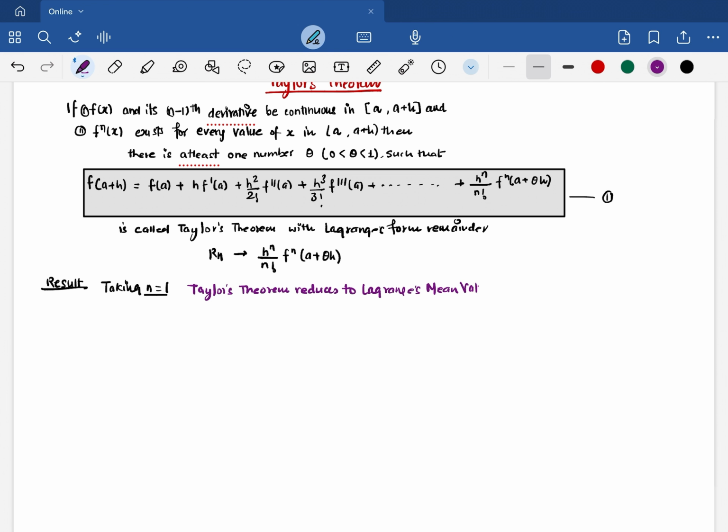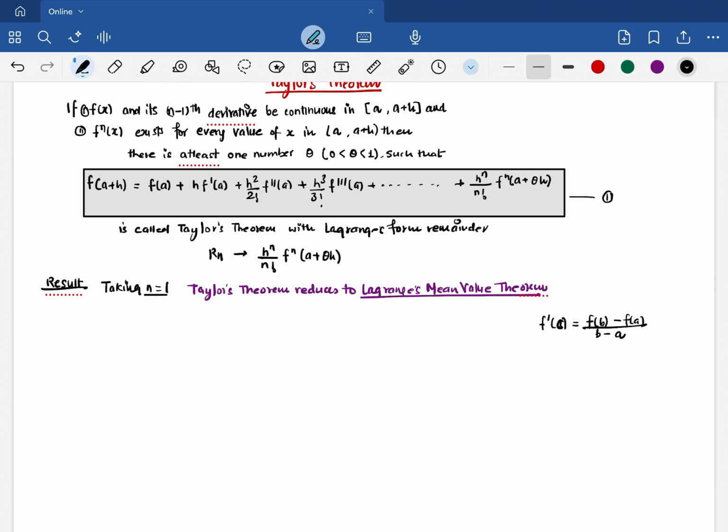We have already covered this Lagrange's mean value theorem in the last lecture. What was the Lagrange's theorem? That f dash c is given as f of b minus f of a divided by b minus a. So this was the Lagrange's theorem.